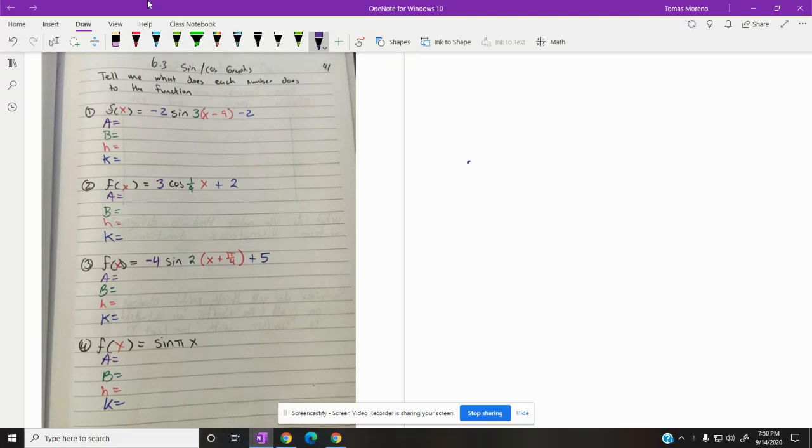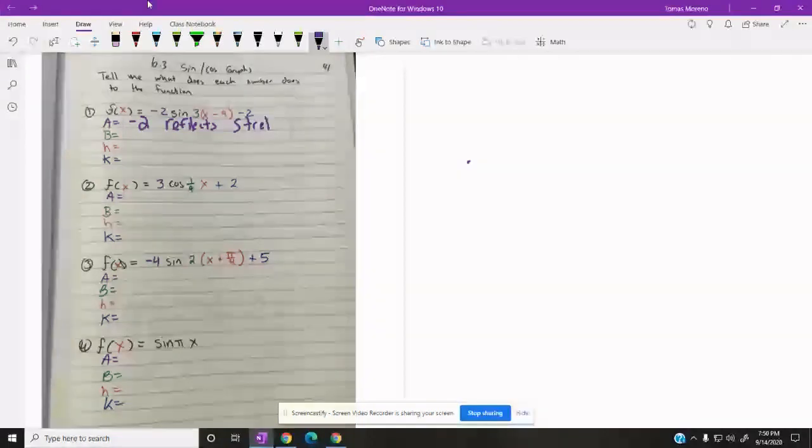So what is the A? Well, the A is -2, and what does that do? We talked about it. It reflects. It starts by going into the negative side instead of the positive side, but it also stretches it. We've noticed that it's stretched to an amplitude of 2 instead of just being at 1.